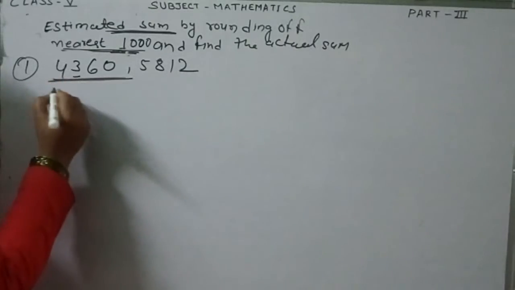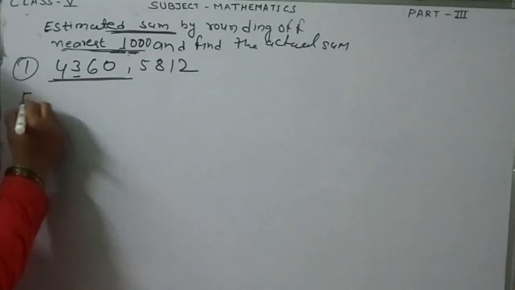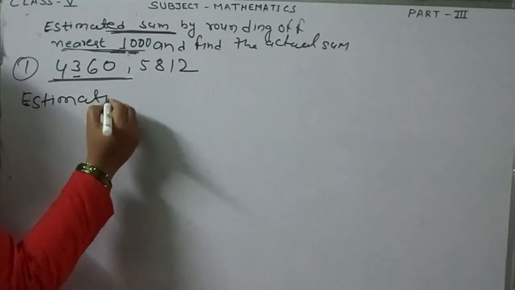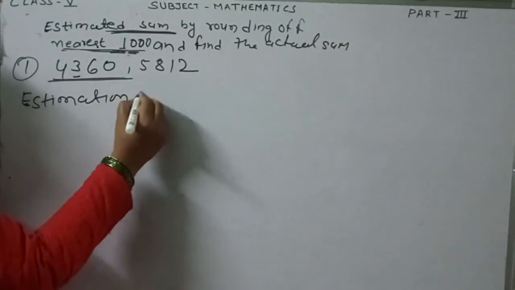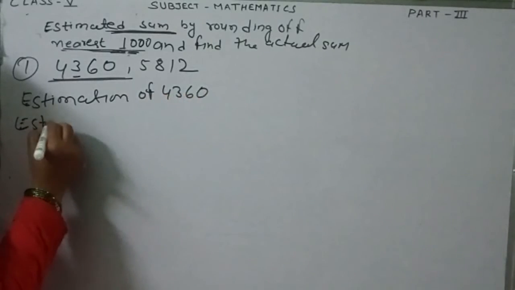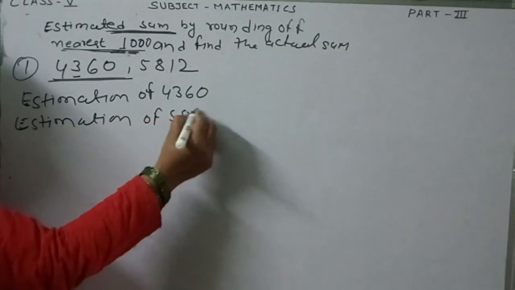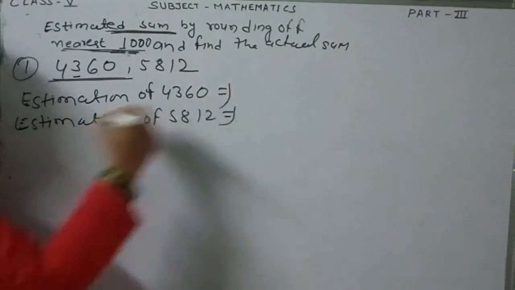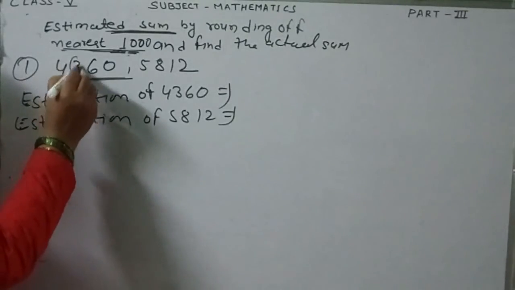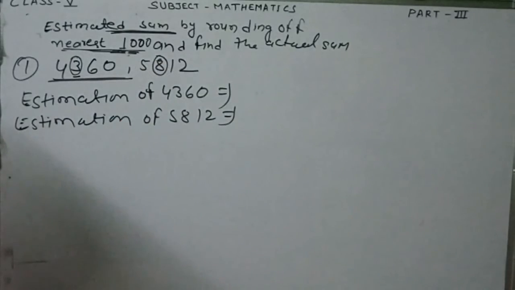First work is to find the estimated number of the given numbers, of 4360 and of 5812. Here we have to consider the hundreds digit and compare it with 5.